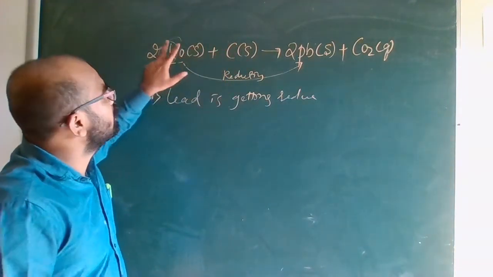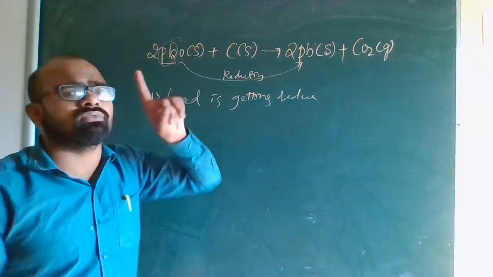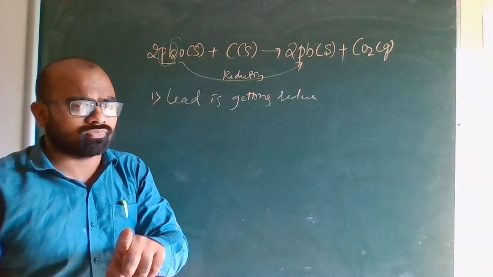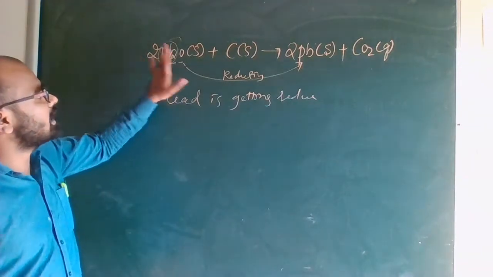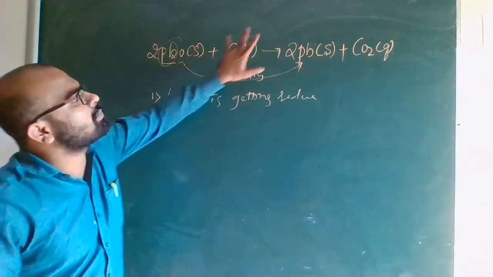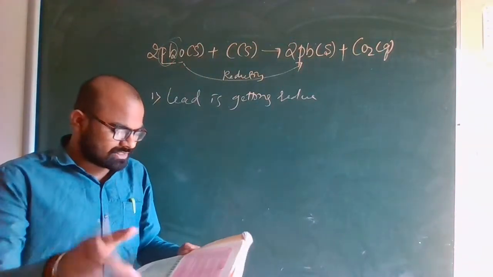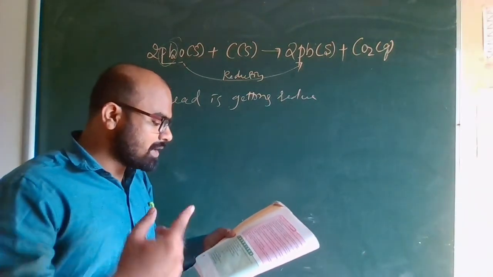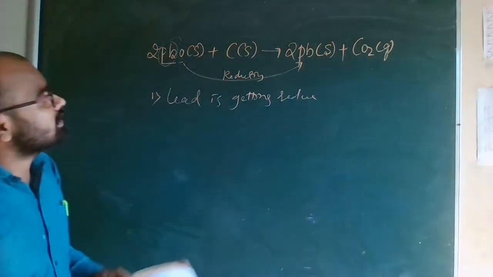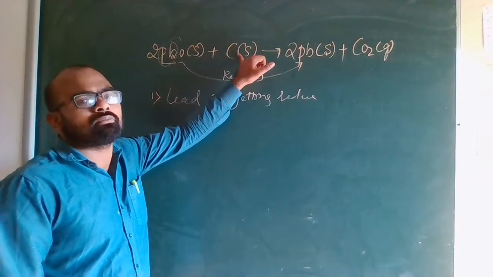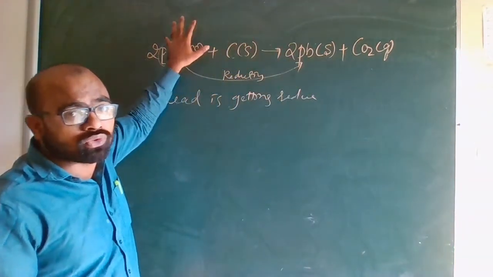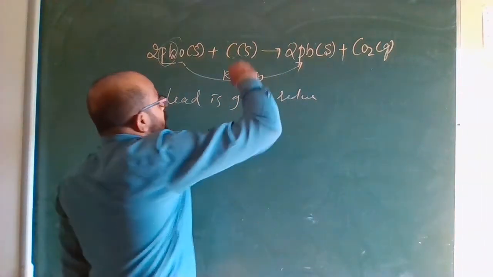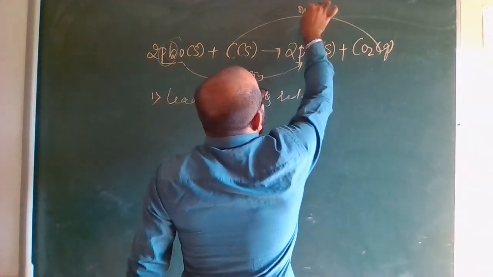Only reactants will oxidize or reduce; we should not consider the products. So lead oxide is getting reduced and carbon is getting oxidized. That is correct. Second one, carbon dioxide is getting oxidized. No, it is carbon that is getting oxidized. So we have to consider the reactants.